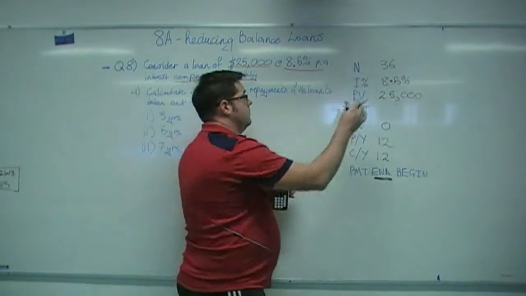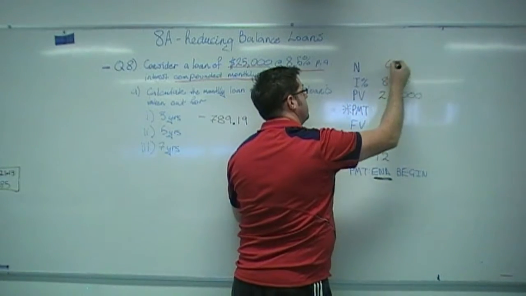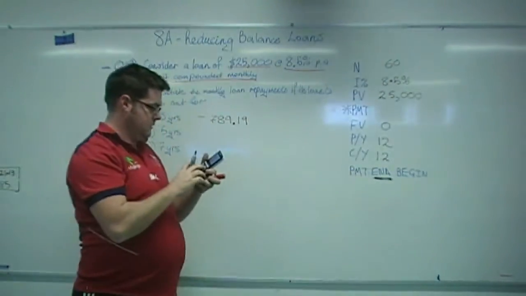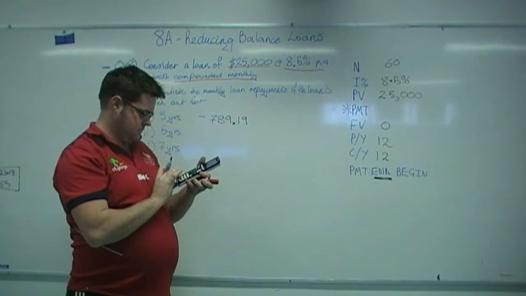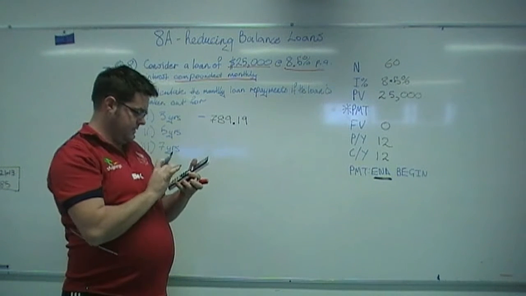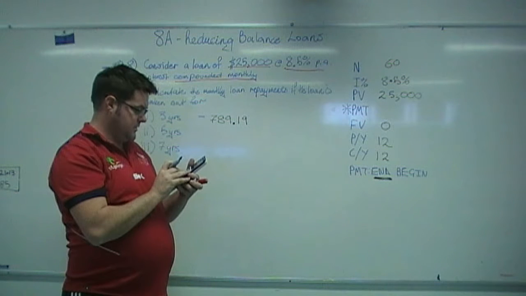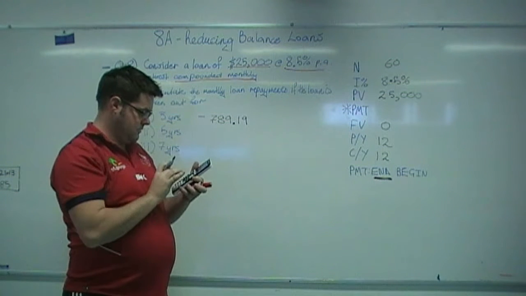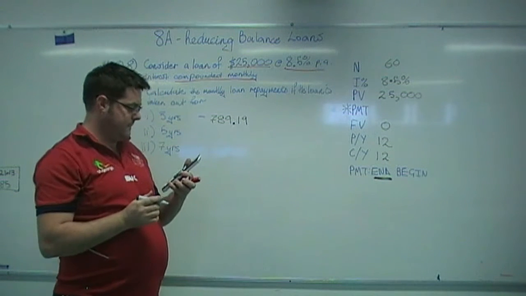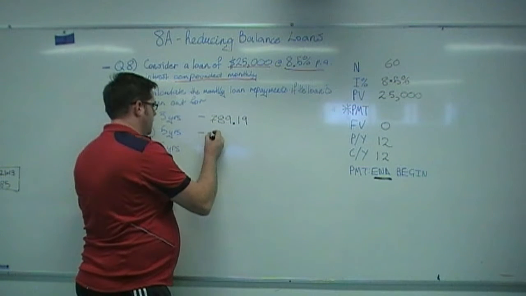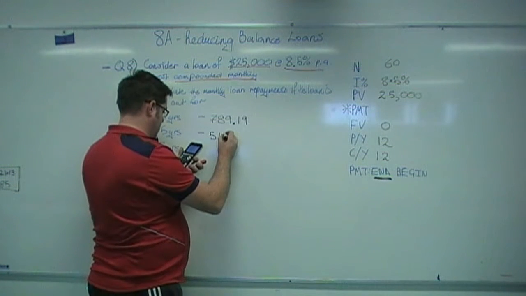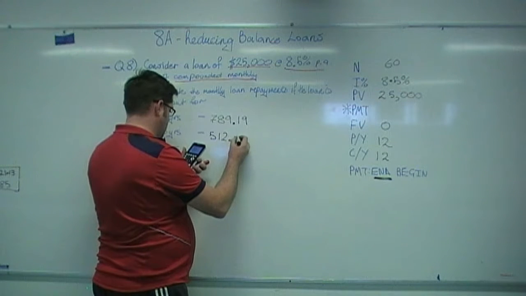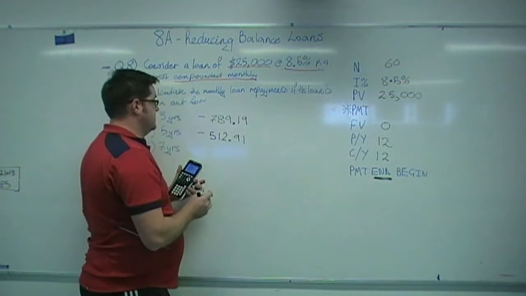So if we change this to 5 years, we need to look at 5 times 12, which is 60, and we'll change that same period. So change that function, and change the information. We end up with minus $512.91.